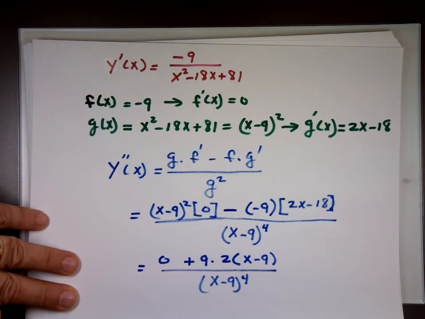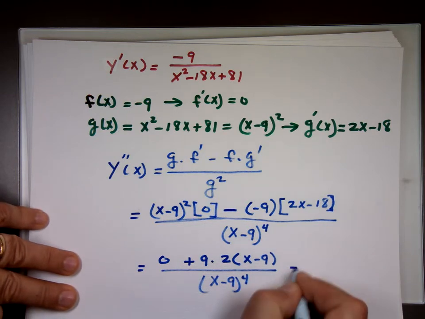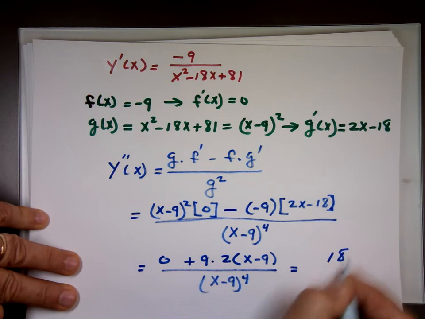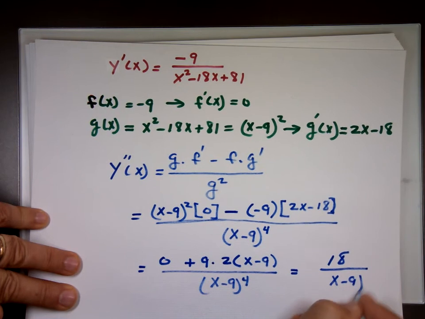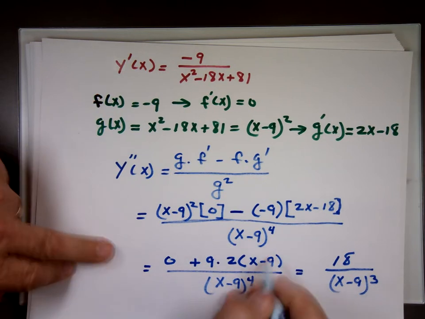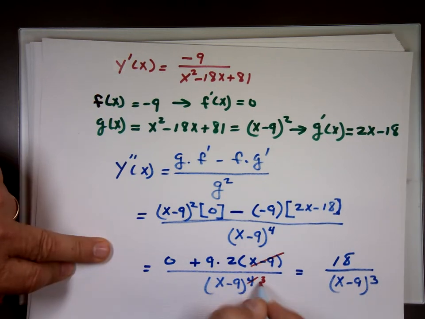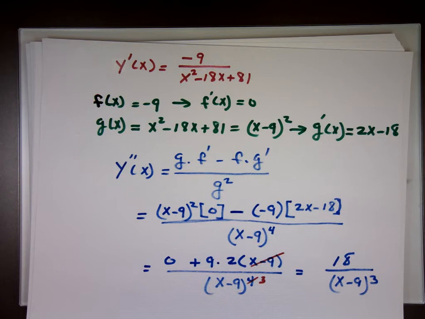What's 9 times 2? 18 over x minus 9 to what power? To the power 3. Why? Because there's one of them here and there are 4 on the bottom. This one cancels one of these, making it a 3 here. So it's 18 over x minus 9 cubed, and that's your second derivative.